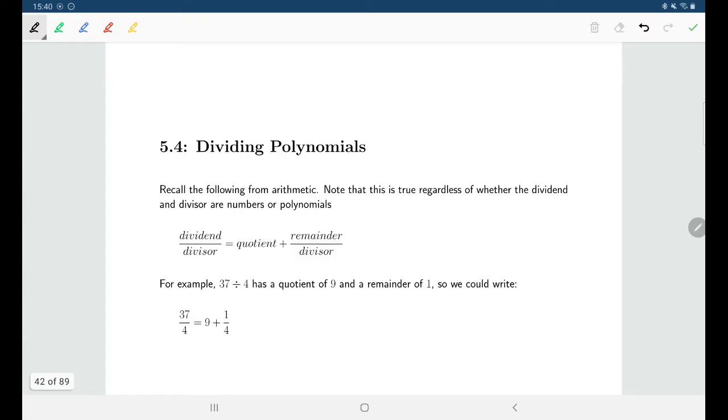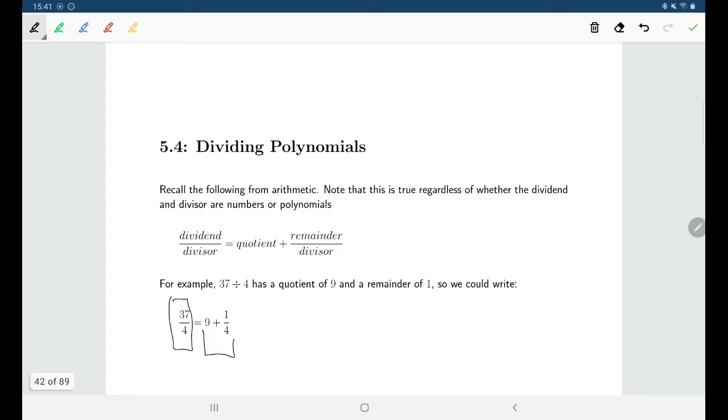And if you divide out and you find out what the quotient and the remainder are, then you can express that your dividend divided by your divisor should be equal to your quotient plus whatever your remainder is over whatever your divisor is. I know that sounds like a lot of words, but really this is something that you've used back in elementary school when you were taking an improper fraction like 37/4 and rewriting it as the mixed number 9 1/4.